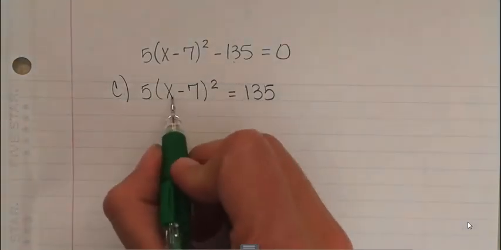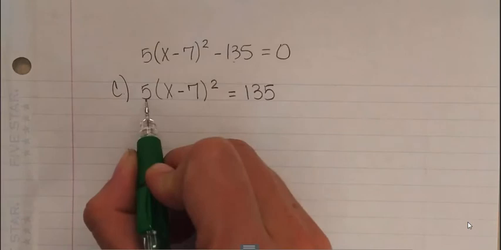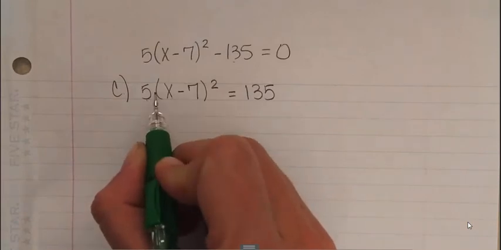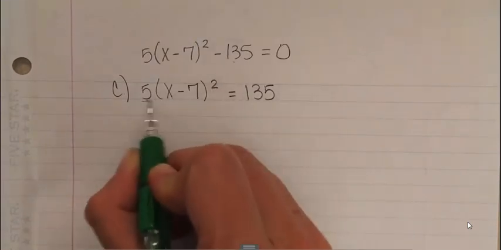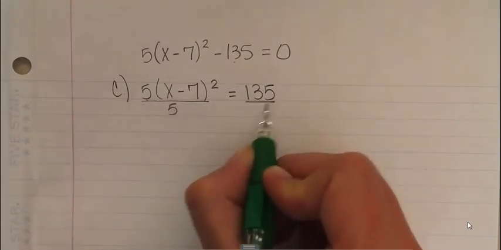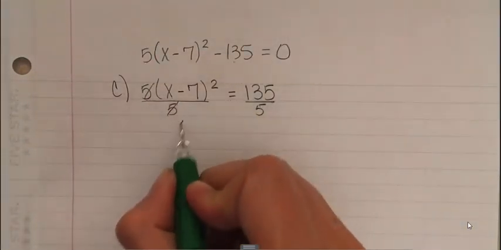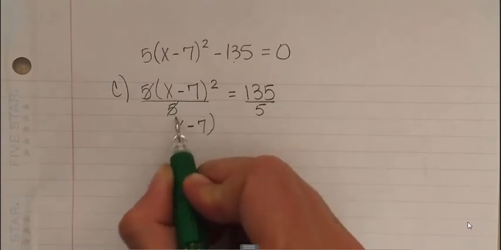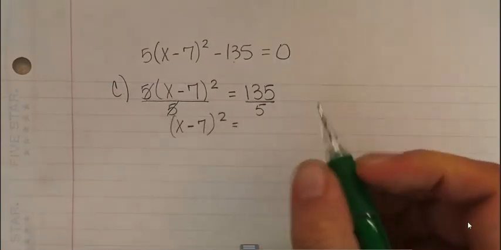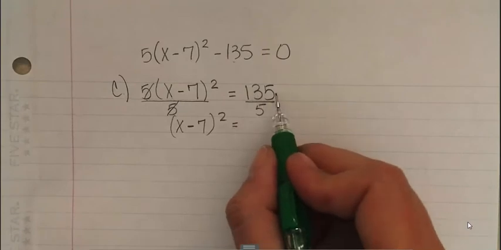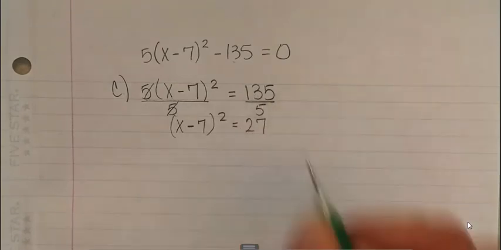So I want to get x by itself. The first thing I need to do is get rid of this 5. It's being multiplied to x minus 7 squared, so I'm going to divide both sides by 5. I end up with x minus 7 squared equals, and 5 will go into this 27 times.